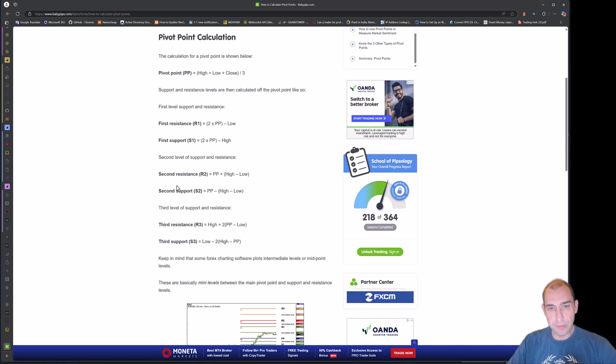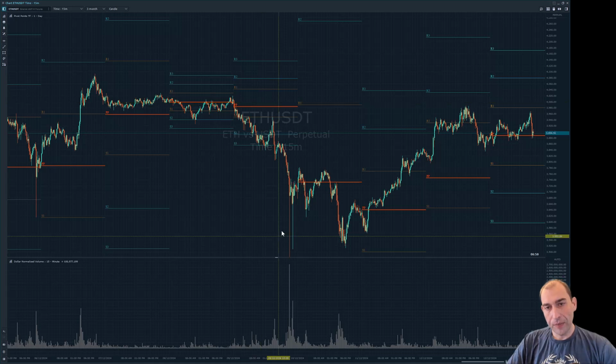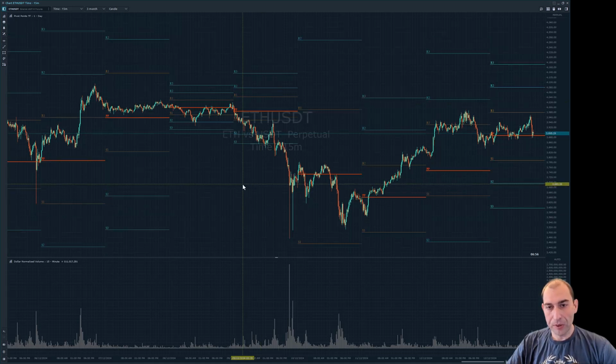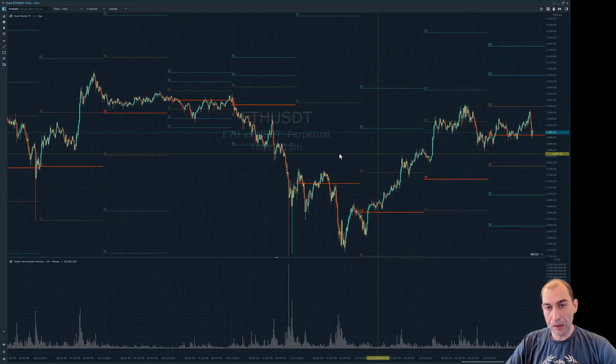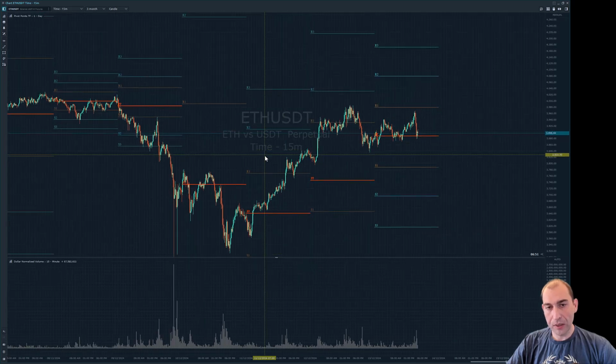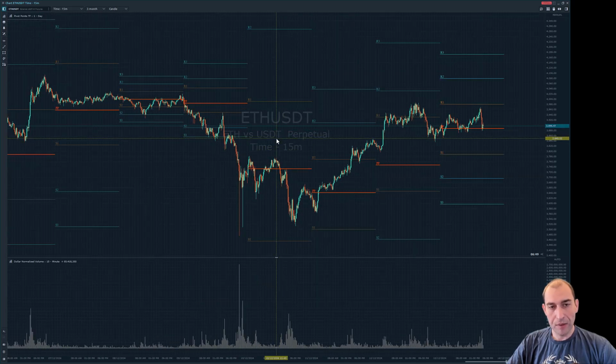In the future, we will add a way for dynamically selecting different calculations, because these calculations can be different depending on who uses them. Some people may use Fibonacci, some people use other formulas.